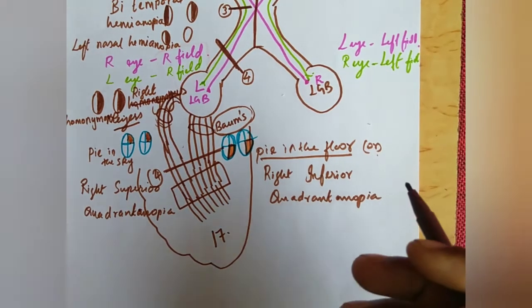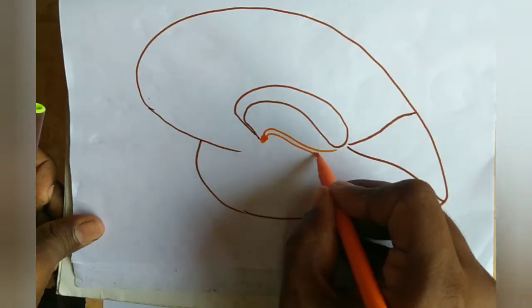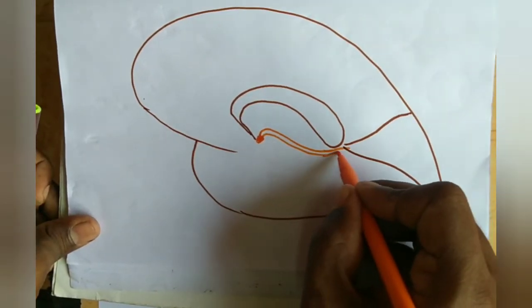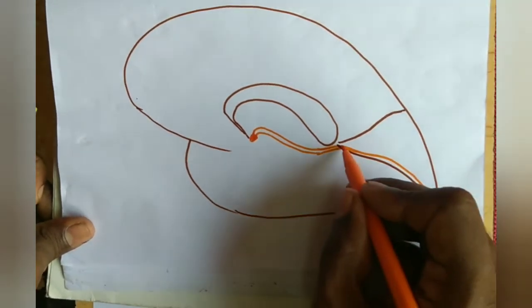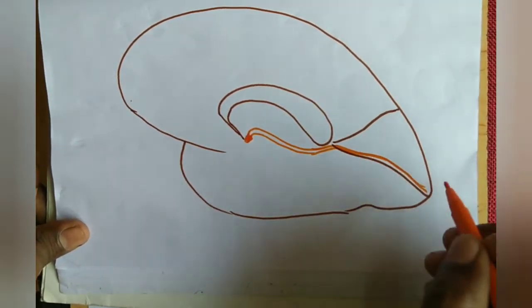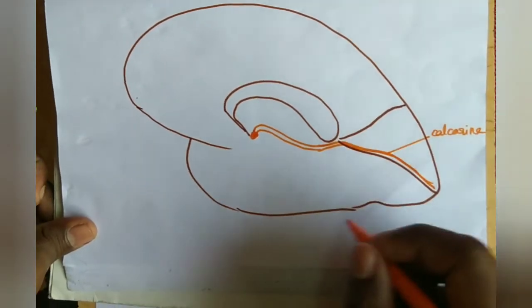Consider if there is an infarct of the posterior cerebral artery. There's a branch of the posterior cerebral artery which travels through the calcarine sulcus. This is the calcarine branch of the posterior cerebral artery.